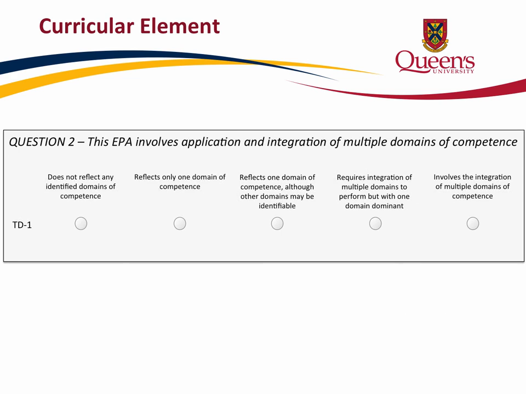The second item in this category looks at whether the EPA integrates multiple domains of competence to perform the professional work. This integration is essential to successfully applying the skills learned in a clinical context. The first example, demonstrating empathy, is a somewhat particular quality, an important one, but one that does not adequately capture even a single domain of competence.